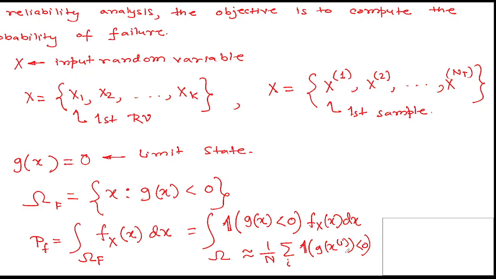Now, in surrogate based approach, our primary objective, as discussed in the last lecture, is to approximate this g, or replace this g with an easy to evaluate function g hat x. That is the objective of surrogate model, right?